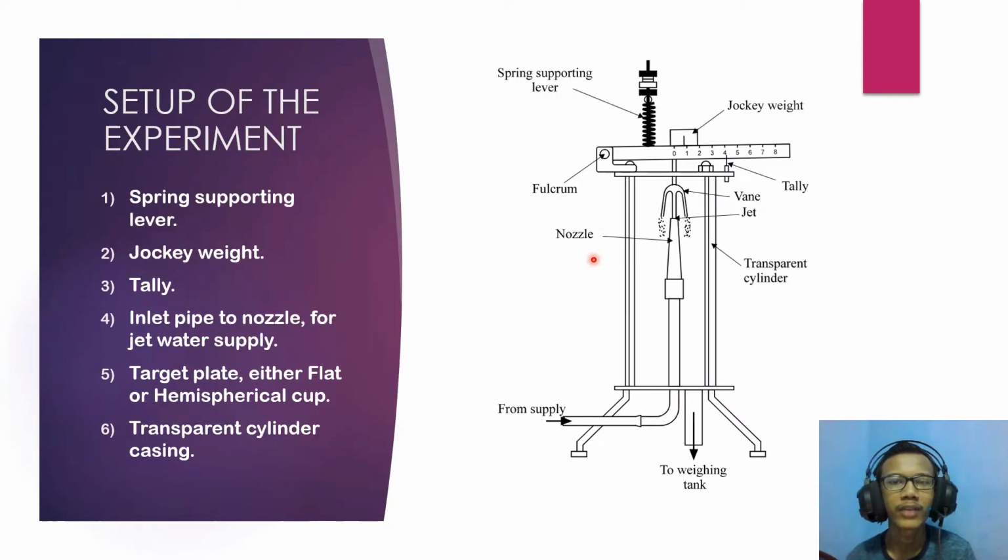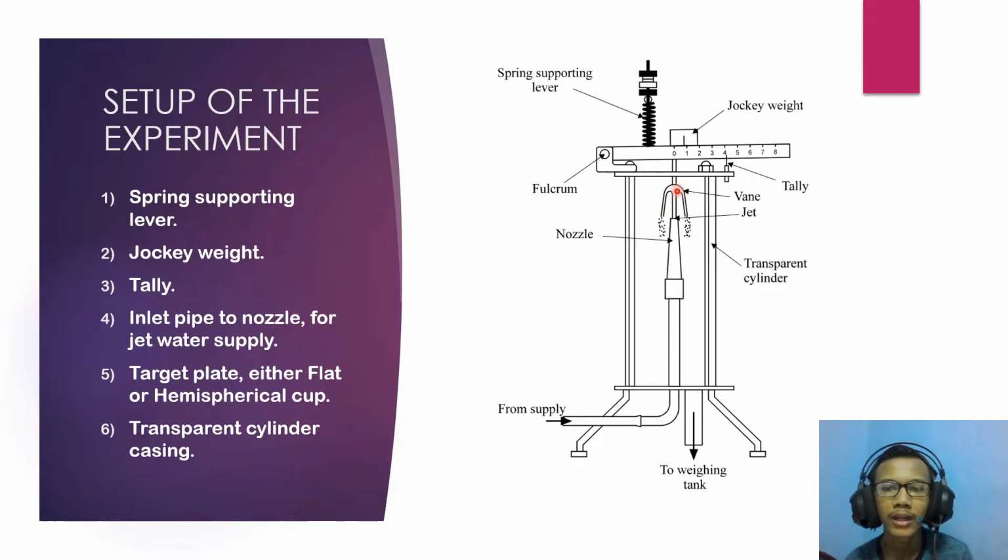As you can see over here, this is the setup of the experiment, and here is how it works. We have a water supply from here, and the water goes to the nozzle and is then ejected in the form of a water jet. The water jet will hit the vane, and the vane is connected to the lever over here. As the water hits the vane, the water has momentum and it has force.